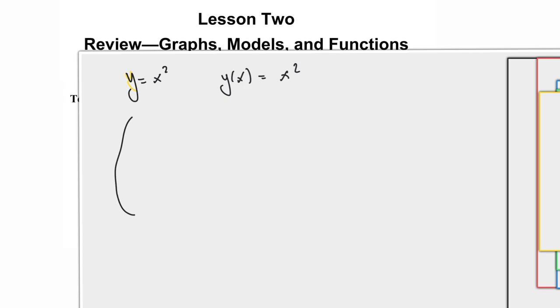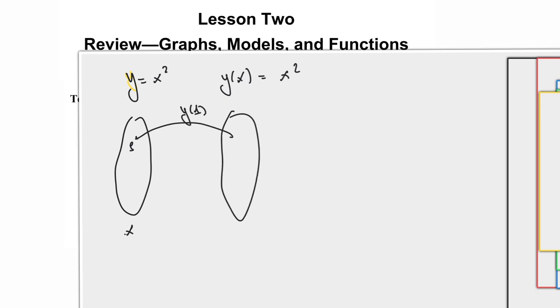It means that if you have the set of points x, the 1 is transformed by the function y of 1 into the number 1. The 2 is being transformed. It's a machine. The function takes the number 2 and transforms it into 4. And the 3 is being transformed into the 9. So y equals x squared.